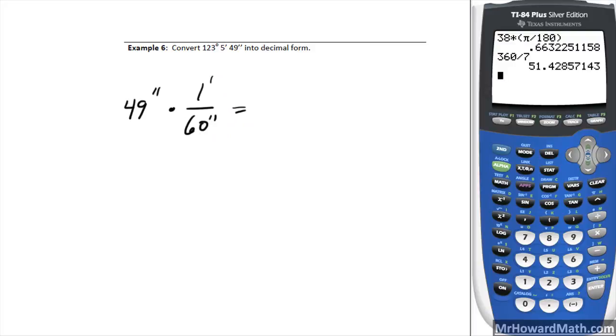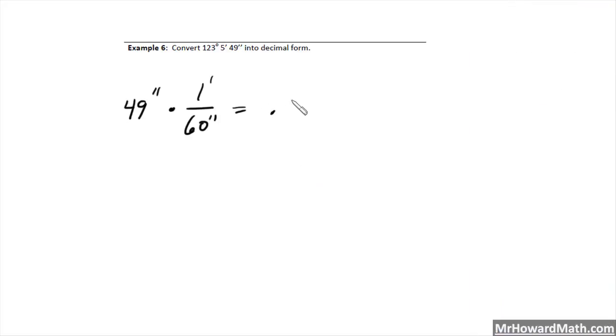So 49 seconds, take that into minutes. So that would be 1 minute is 60 seconds like this. We want to divide the seconds out, so it's going on bottom. So it's equivalently 49 divided by 60. 49 times 1/60 is the same thing as 49 divided by 60. So that's 0.817 minutes, rounded.